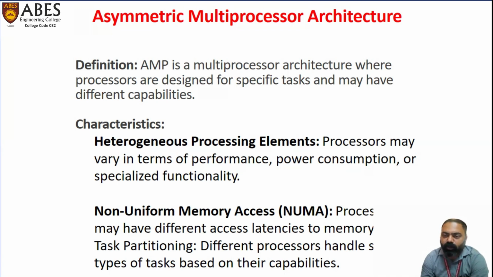So the master controls all the slaves and distributes the work among the processors. Characteristics: heterogeneous processing elements. Processors may vary in terms of performance, power consumption, or specialized functionality. In AMP, processors may have different access latency to the memory, and different processors handle a specific type of task based on their capability.